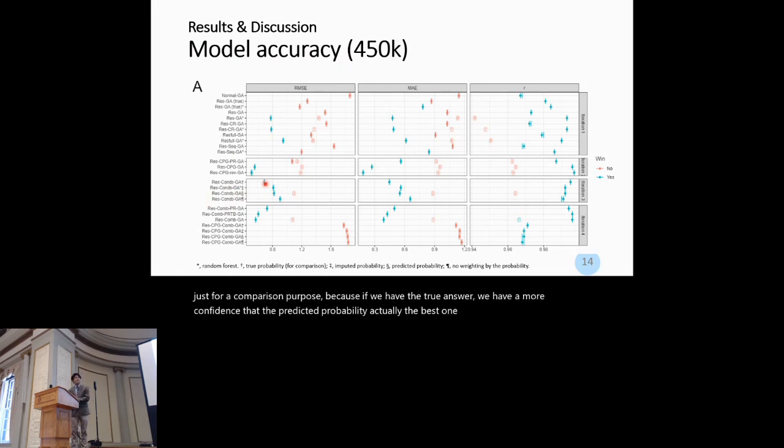For the last one, we don't use the probability at all. So you can see here a different degree of confidence in the predicted probability.